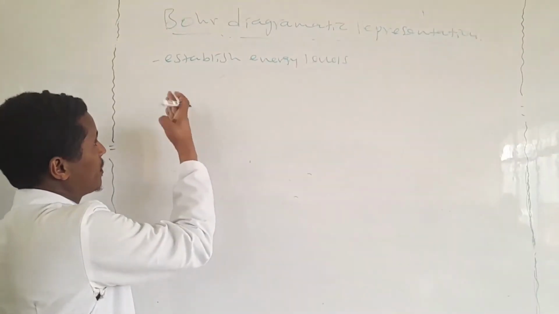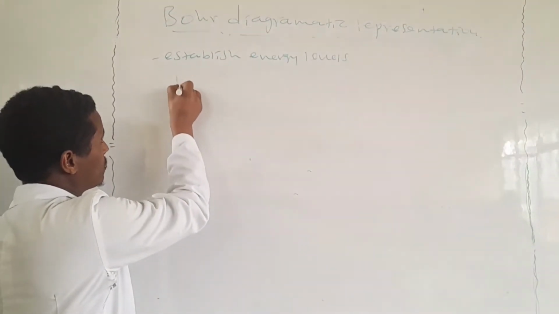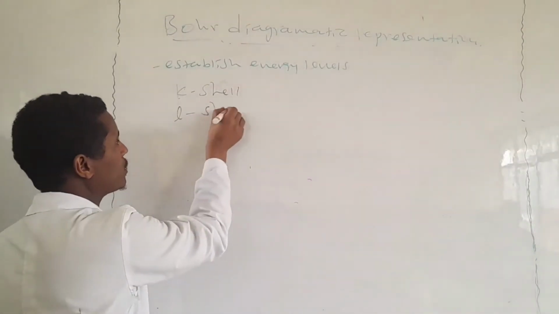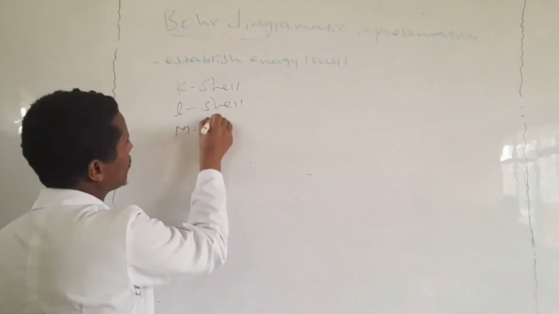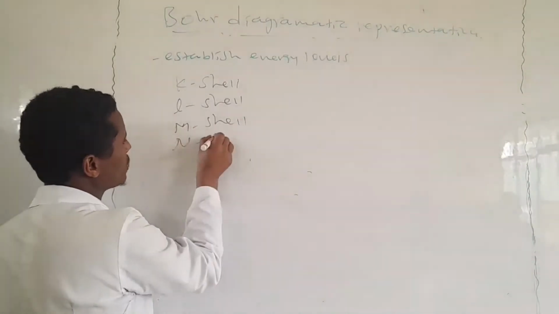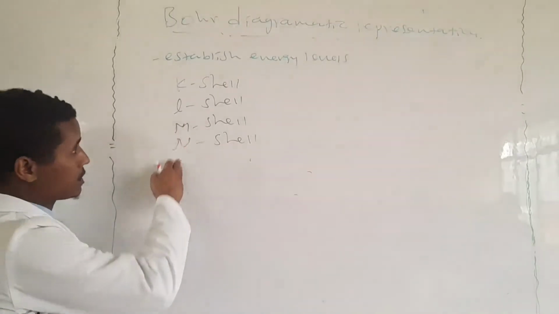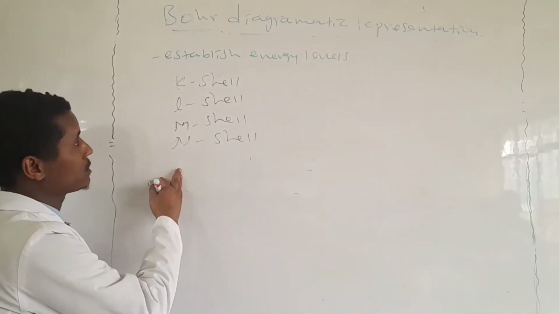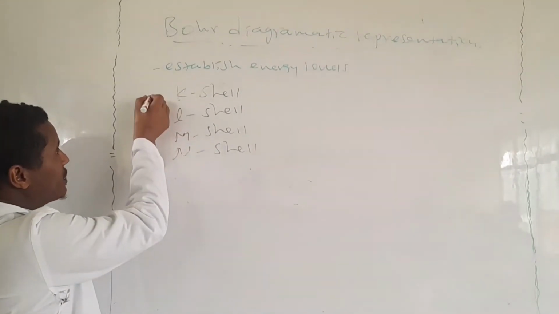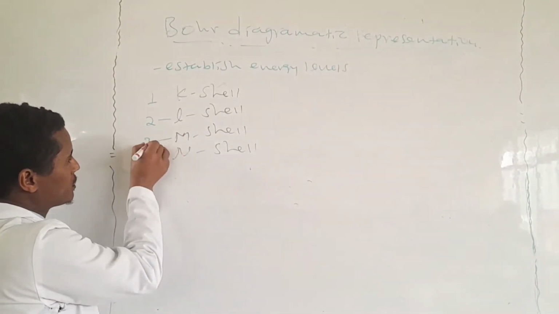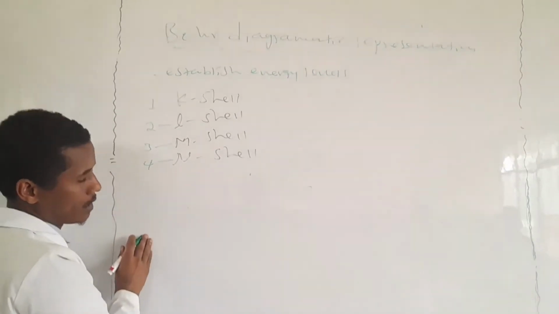That means K shell, L shell, M shell, N shell, like this. These shells have a maximum number of electrons. That means K shell represents the first shell, L shell represents the second shell, then third shell, fourth shell.